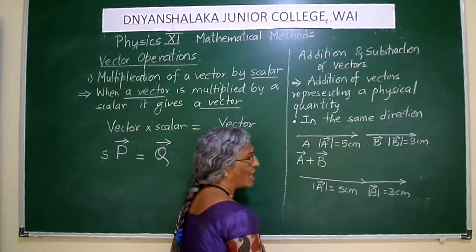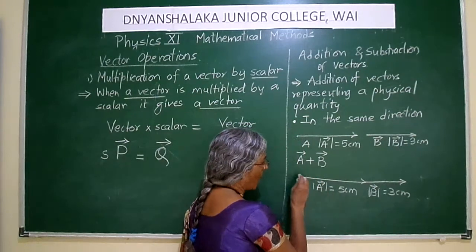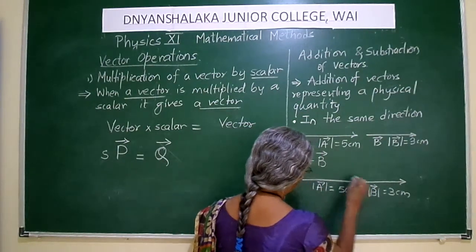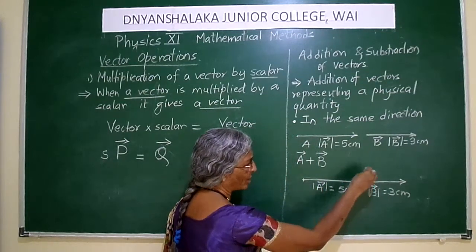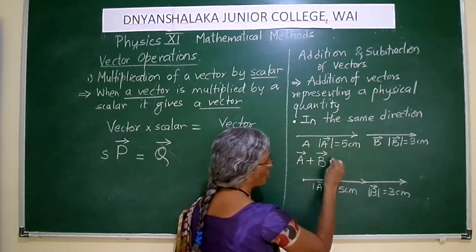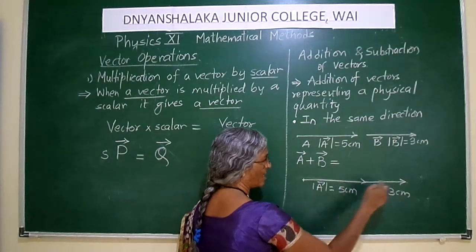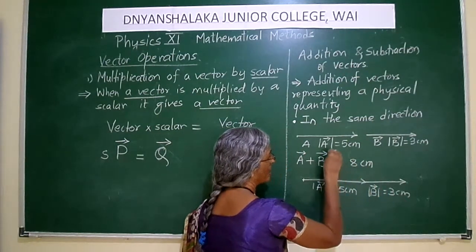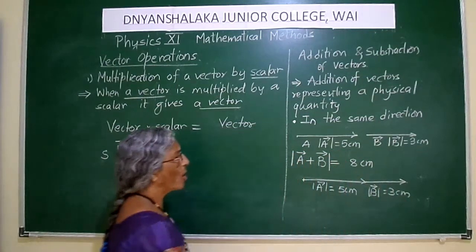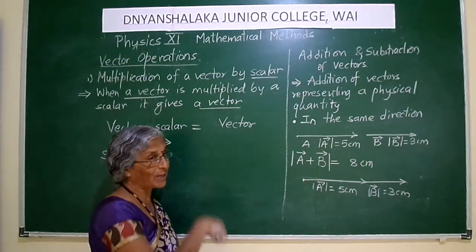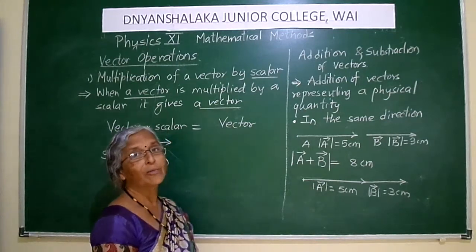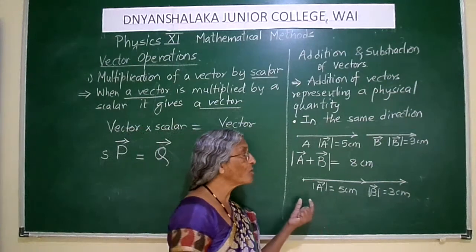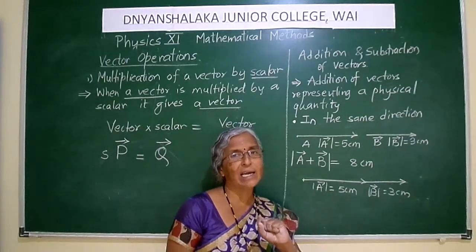As these are in the same direction, the particle is getting displaced from this point to this point, and then from this point to this point. So total displacement will be 5 centimeters plus 3 centimeters, that is 8 centimeters.